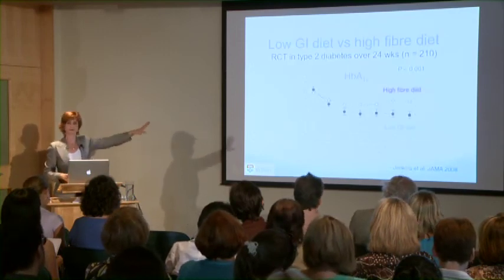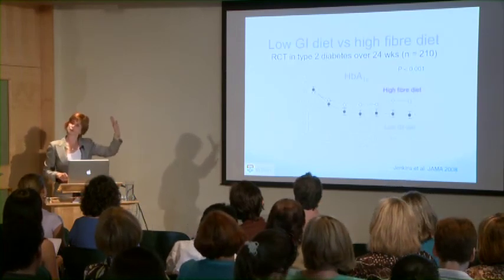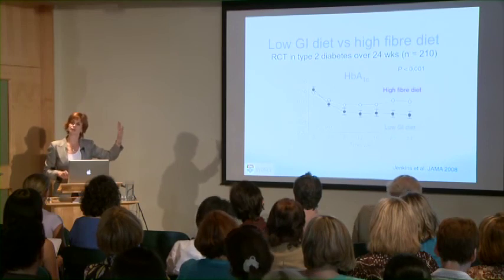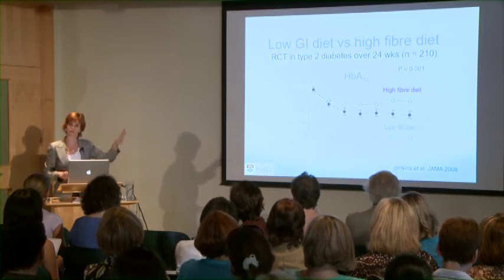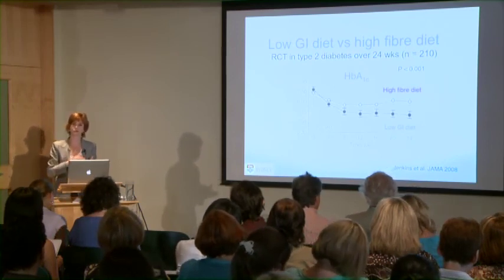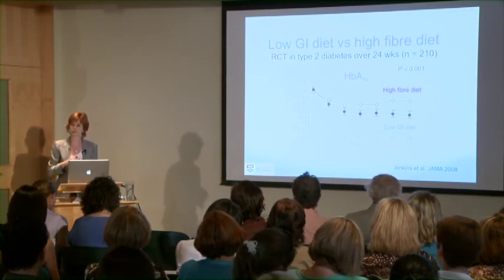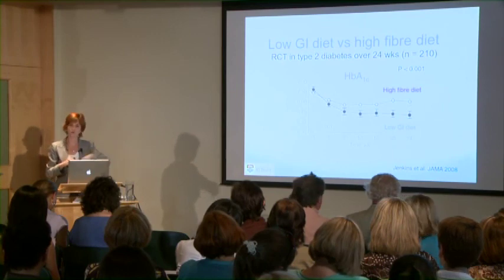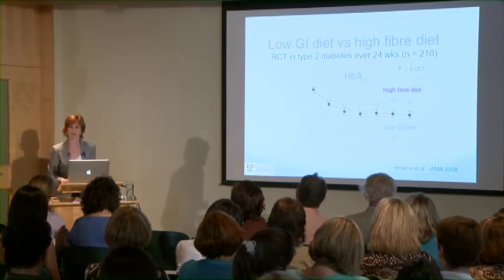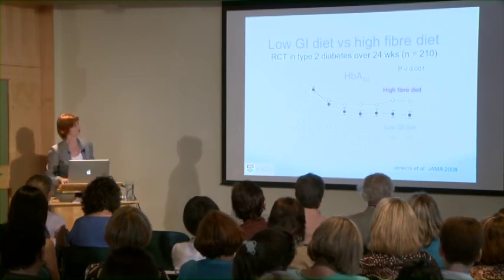I meant to say too, they also found there was a greater reduction in the use of medications in the low GI group. They also showed a rise in HDL cholesterol in the low GI group compared to a fall in HDL cholesterol in the conventional diet group.